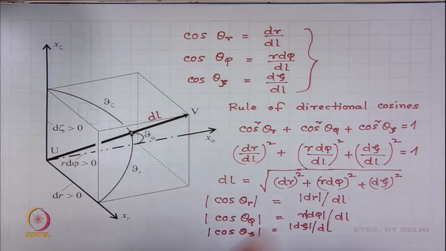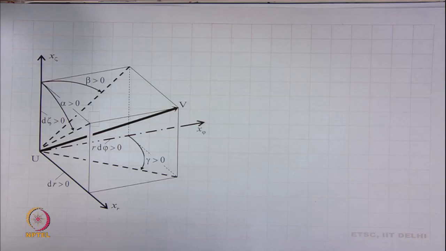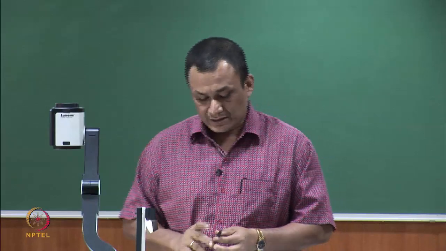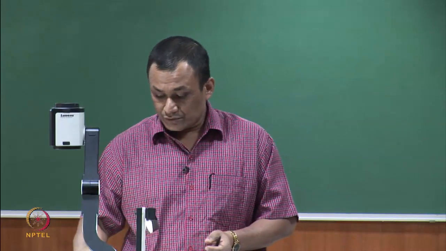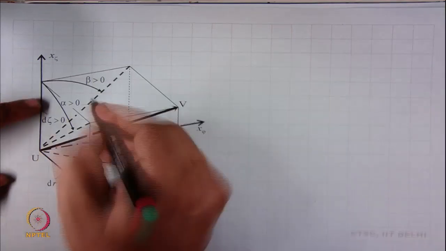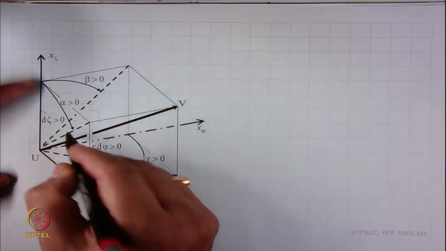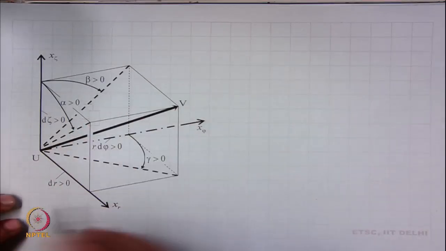Now, sometimes the projection of the fiber element onto the walls of the elementary prism is also used to denote the path of the fiber. So, three angles are very important in this case: alpha, beta and gamma, measured from these axes.